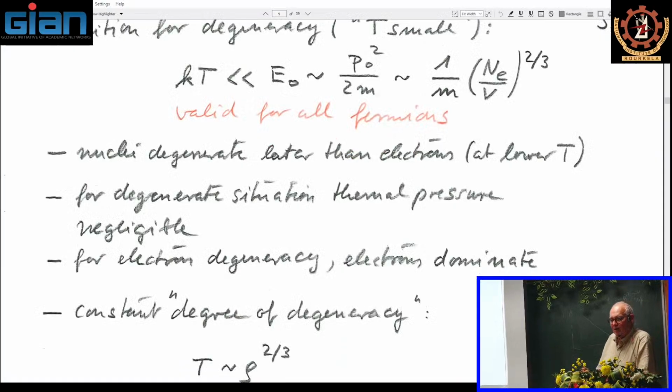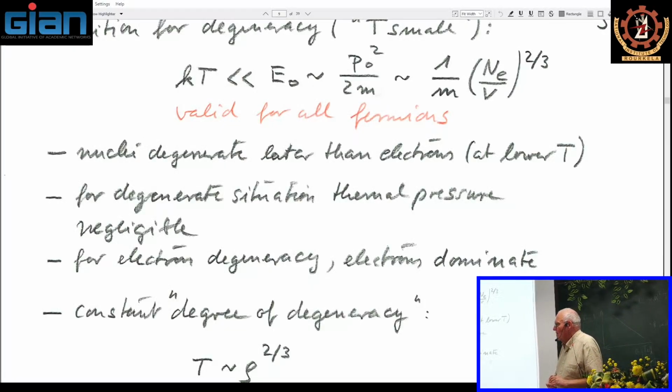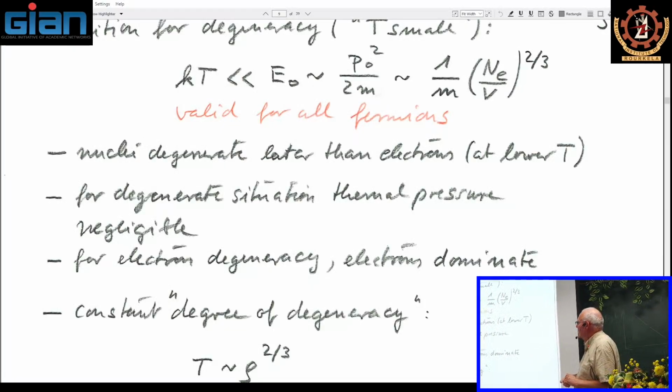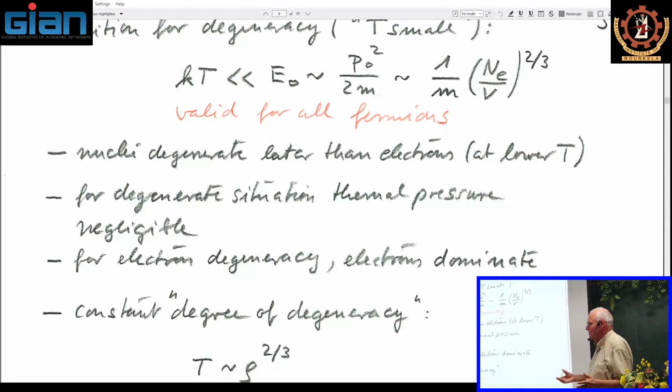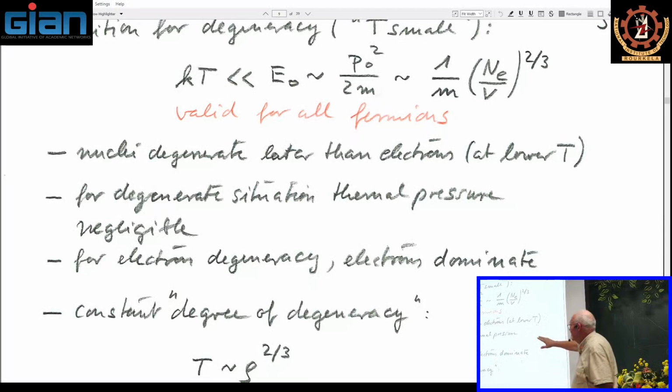Working in the units c equal to 1 and Z equal to 1, natural units? Pardon? No, I have dropped all the constants here. It's just the relation.